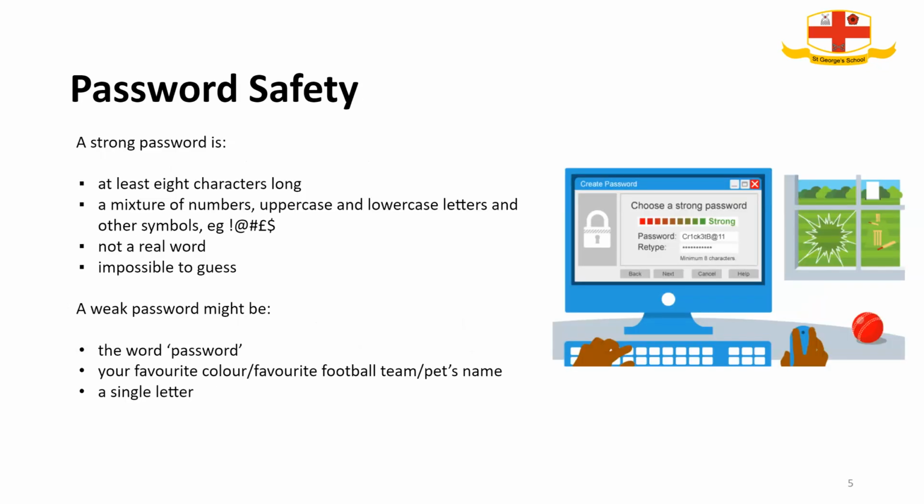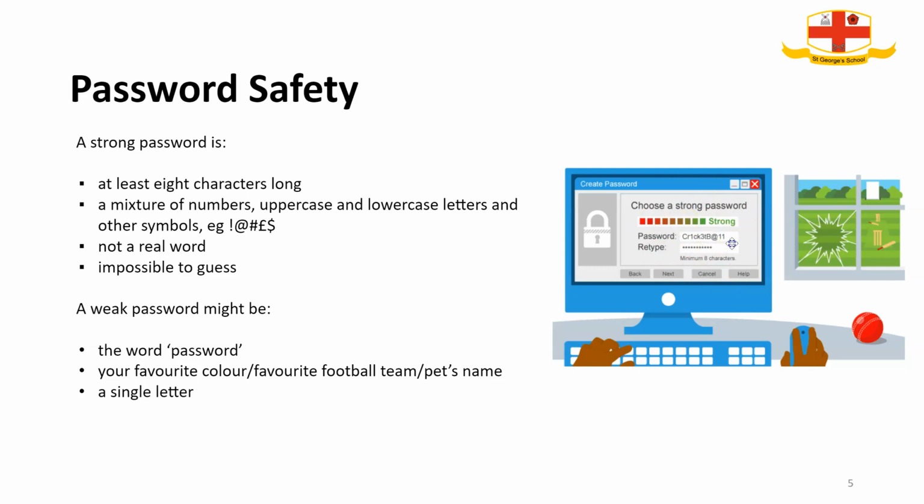And on the next page, it shows us at least 8 characters long, a mixture of numbers, uppercase, lowercase letters, and symbols. Not a real word, impossible to guess. So I did show you some options in lesson. As you can see here on this image, this person's put password that is cricket ball, but can you see how they've spelt it?